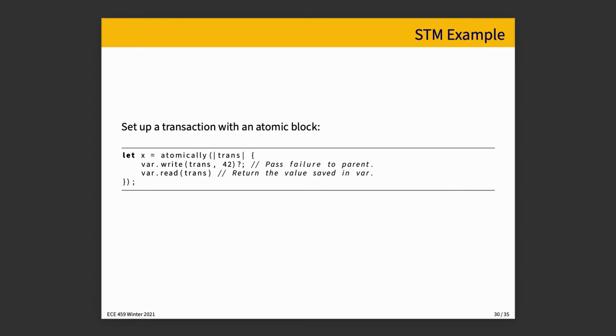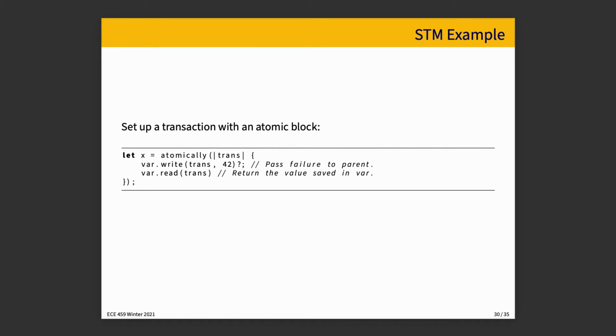Here's a simple transaction with an atomic block. We say let x = atomically, and we specify the name of our transaction here as trans, and in the context of this transaction we write 42 into this variable, and then we read it back and get the result at the end.